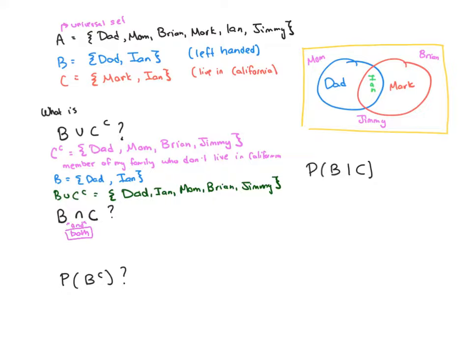We can see from our Venn diagram that the only person who both lives in California and is left-handed is Ian. So he would be the intersection of those two sets.